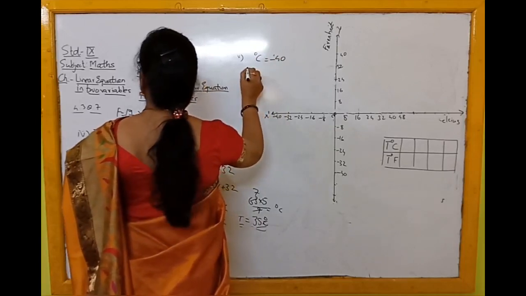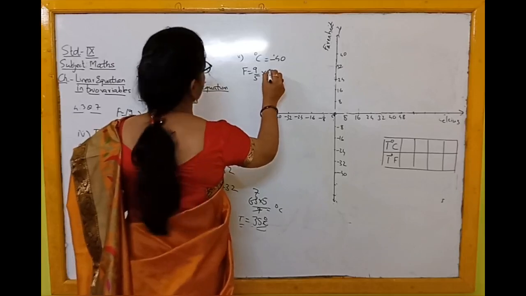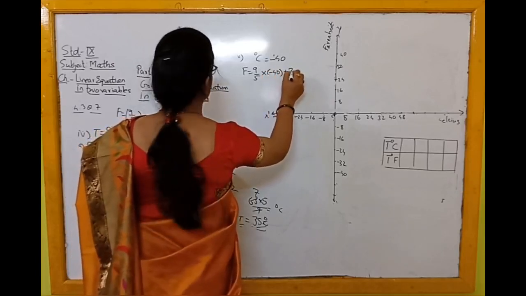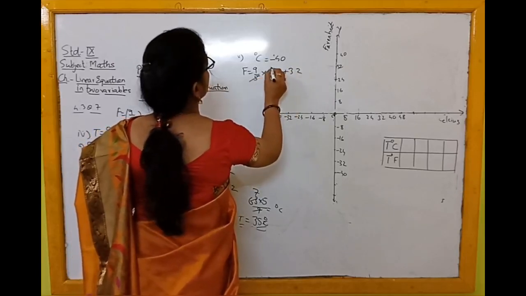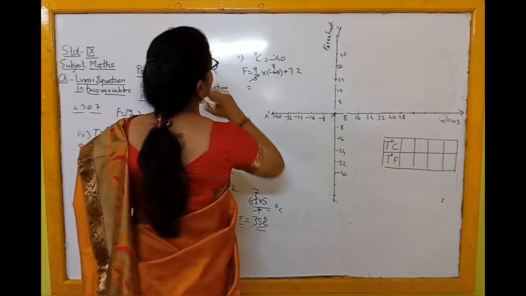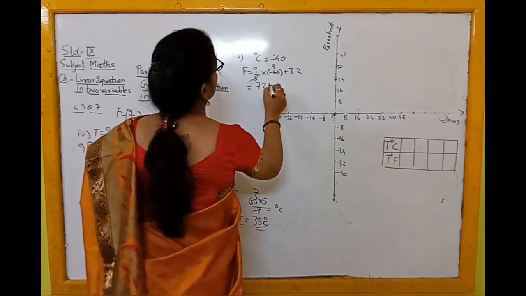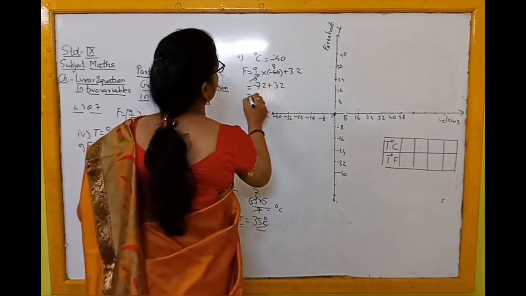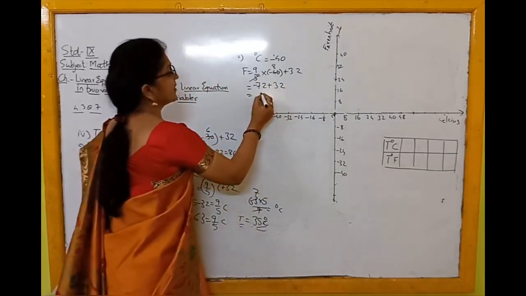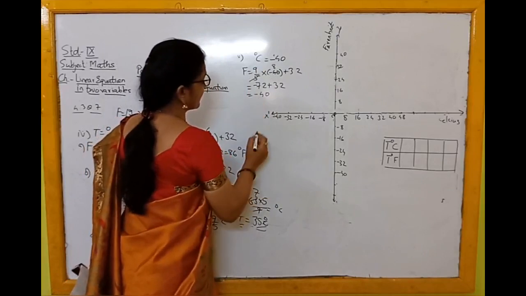So use the formula: F is 9 by 5 into minus 40 plus 32. Minus 72 plus 32, which is minus 40. So this is the answer of the fifth question.